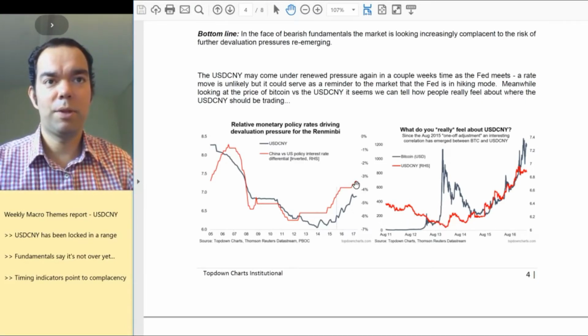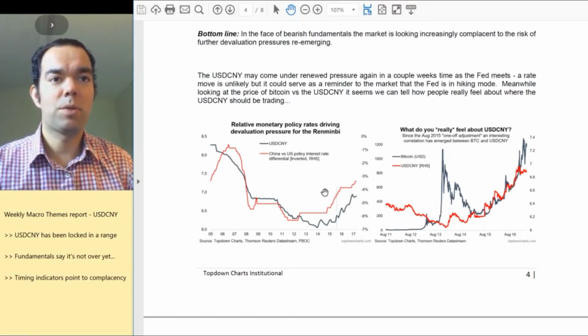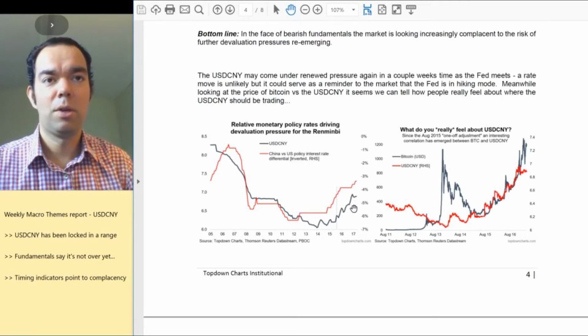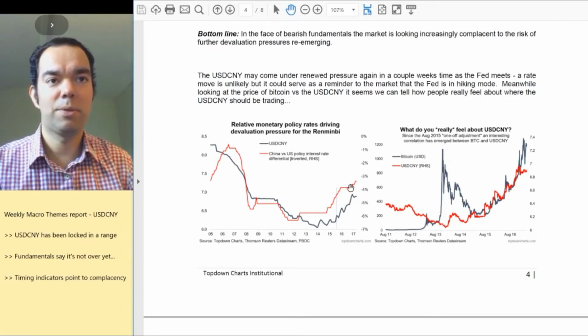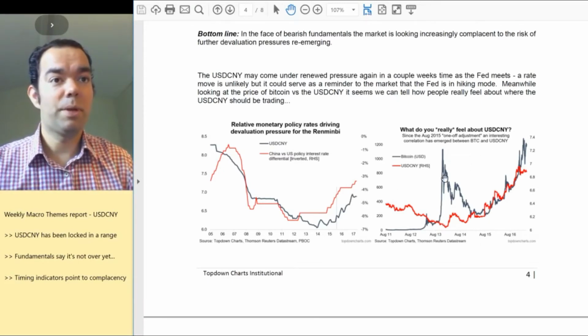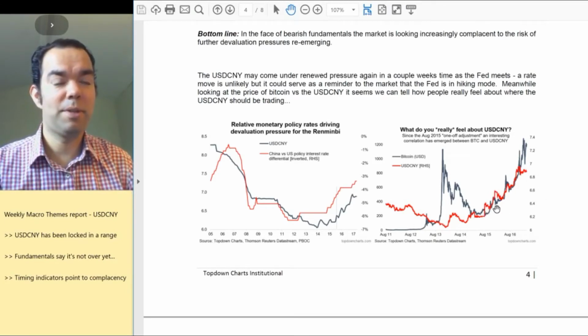But if you look at the red line there, that's the interest rate differential for China versus the US, and that's really only going in one direction. The People's Bank of China probably isn't really going to be doing much anytime soon, versus the US Federal Reserve, which is already on a hiking path, so that's only going to increase the pressure. And if you look at Bitcoin versus the USDCNY, ever since that one-off adjustment, we've had fairly close correlation.